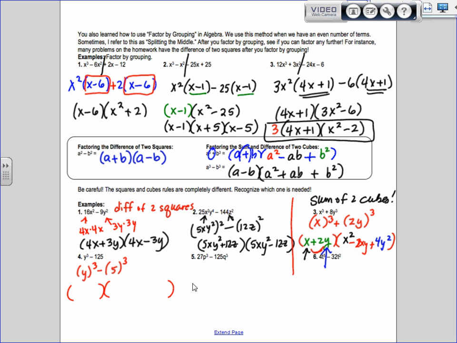In the first one, I just drop my cube, so I have y minus 5. In the second one, I square the first item, so y squared. For the 5, I square my second item, so I get 25, right? 5 times 5 is 25. And then I multiply the two together, so I get 5y.